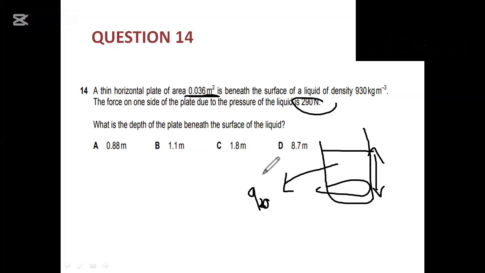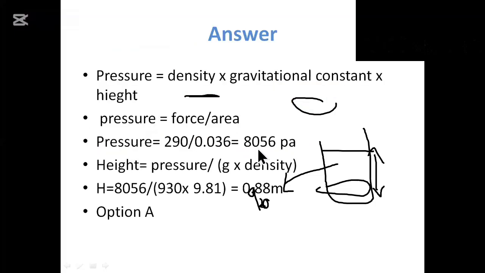So it's already given in the question. Using this, we would calculate the pressure exerted on the surface of the plate by the liquid, which I've already calculated for you. It's basically 8,056 pascals.